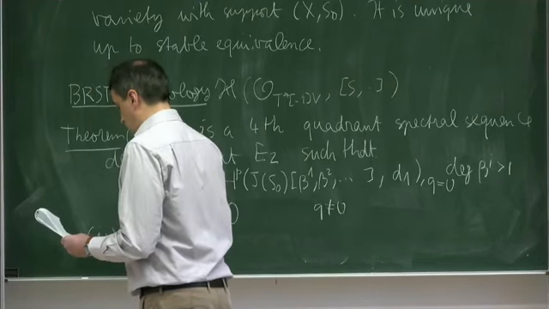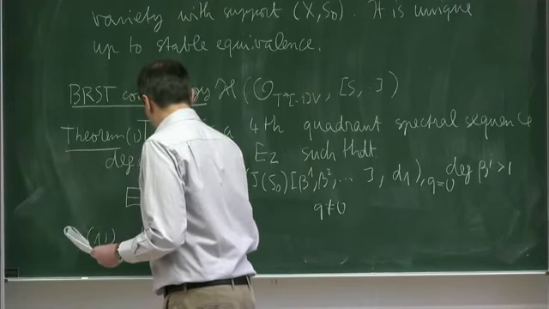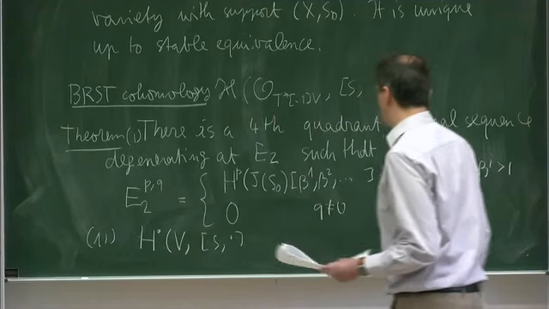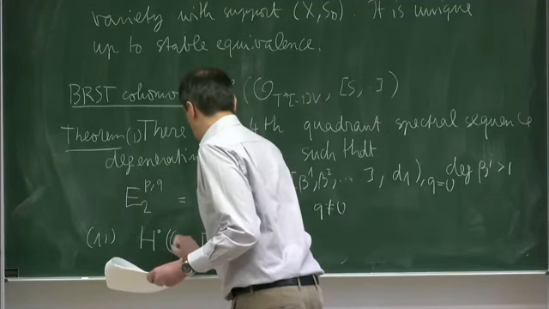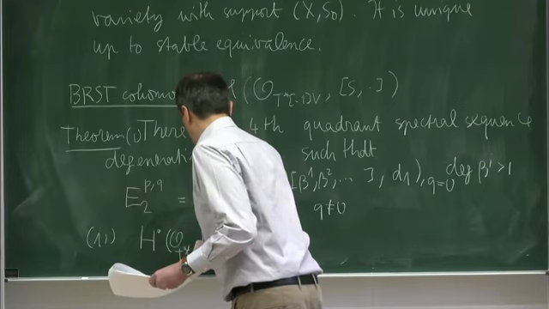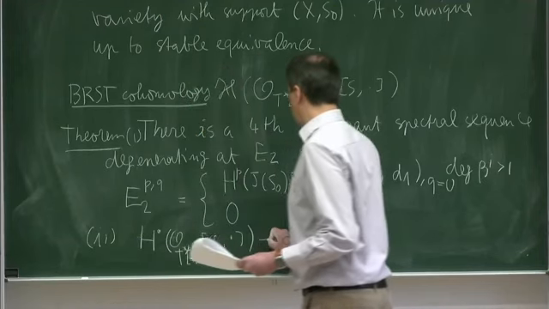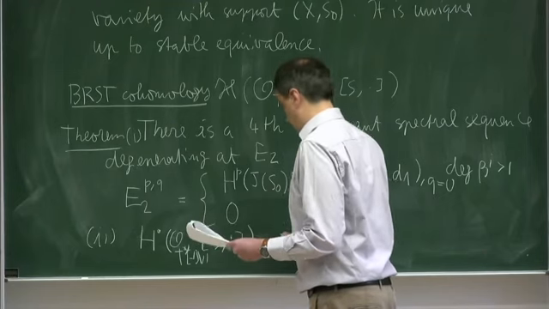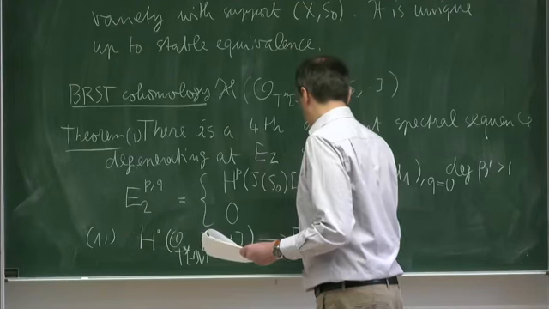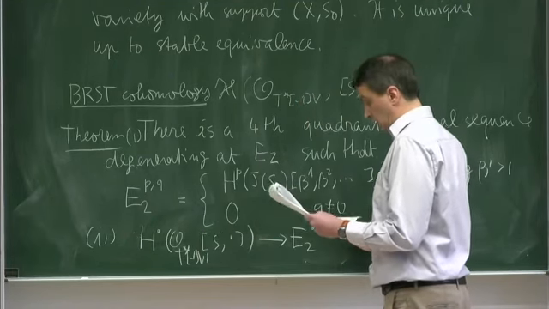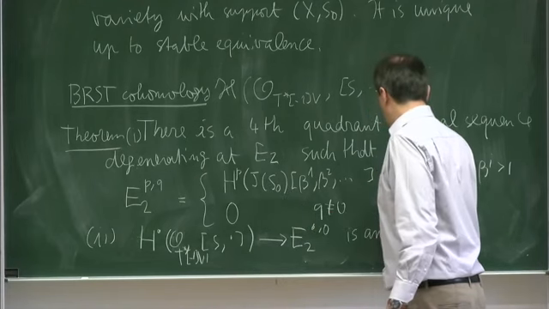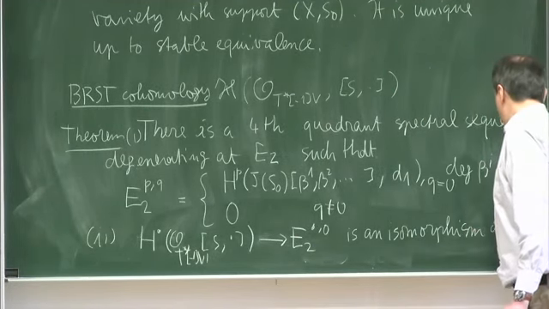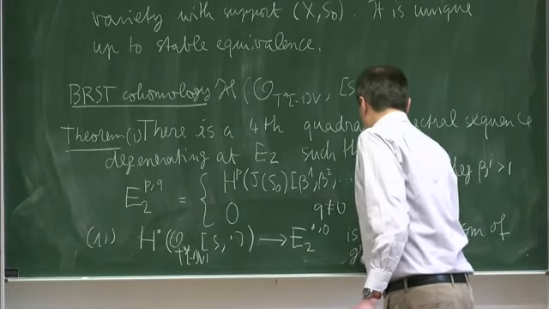So there is an edge homomorphism, from the cohomology to T star, I think I didn't introduce this notation, which is an isomorphism of graded commutative algebras.